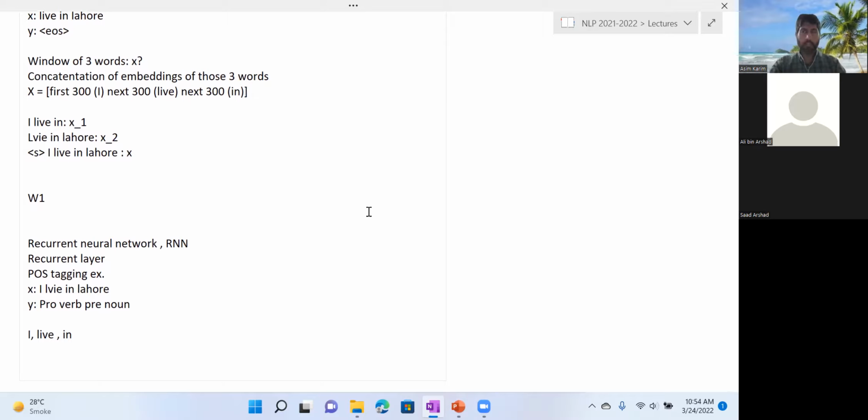I will be using notation somewhat similar to the book, but more identical to some notes or lectures by Andrew Ng. I will share those videos as well. Andrew Ng had a series a few years back on sequence modeling for NLP, and the notation used in those videos is what I'm following more closely, although it is related to the book.